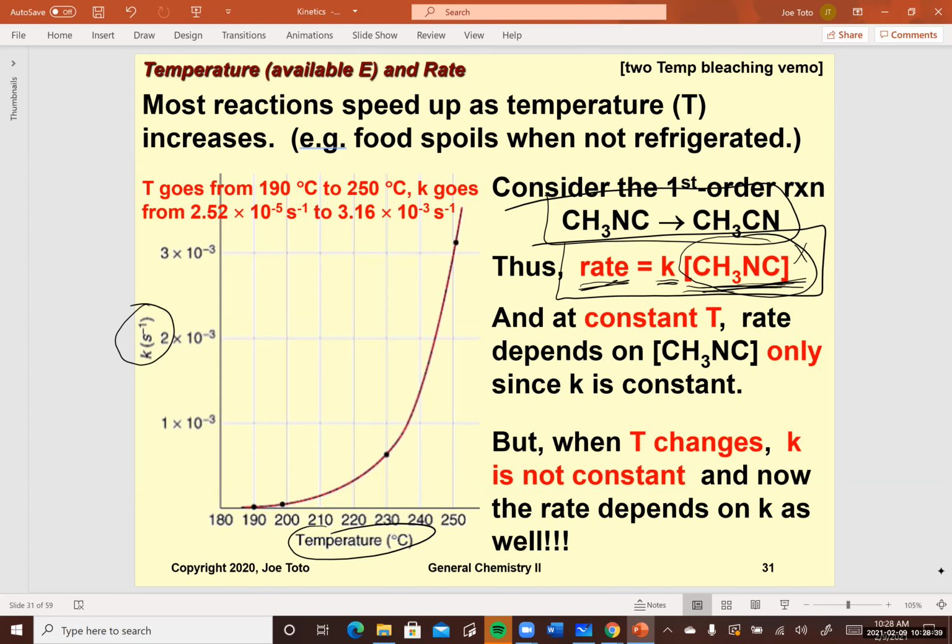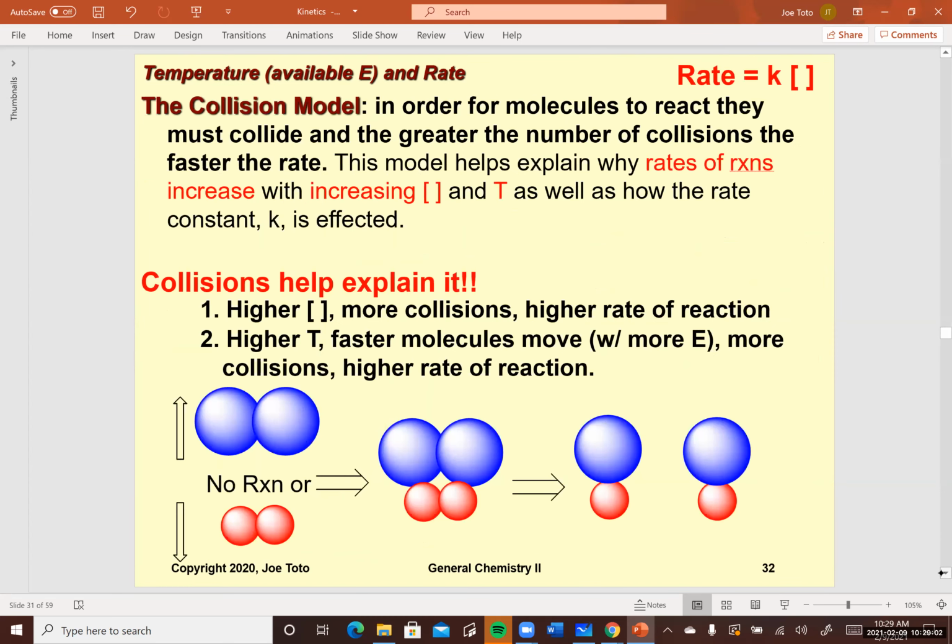In fact, it blows through the roof here. It changes exponentially with temperature. So how can we understand this, and how can we mathematically model that change? That's what the next few slides are going to talk about.